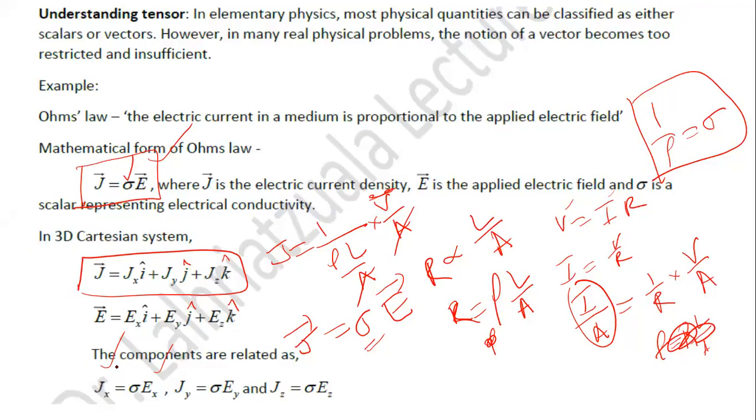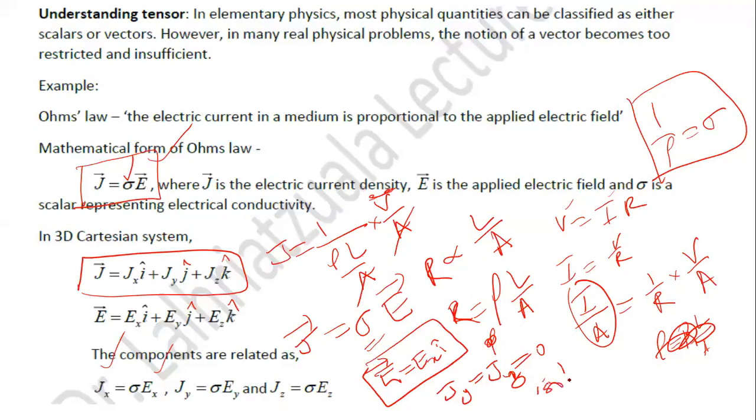If you have electric field only in the x direction, you do not have any current along y or along z. So the current along y and z will be zero in such isotropic material. Apply an electric field in one particular direction, and there will be a corresponding charge flow in that direction only.